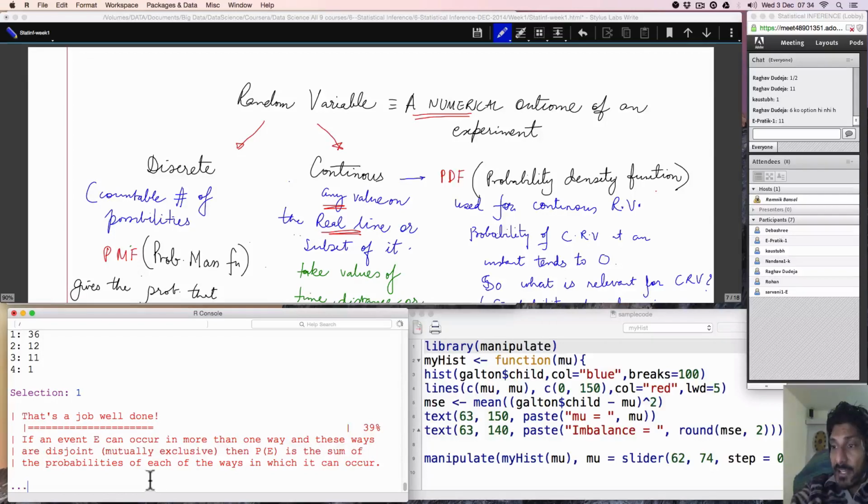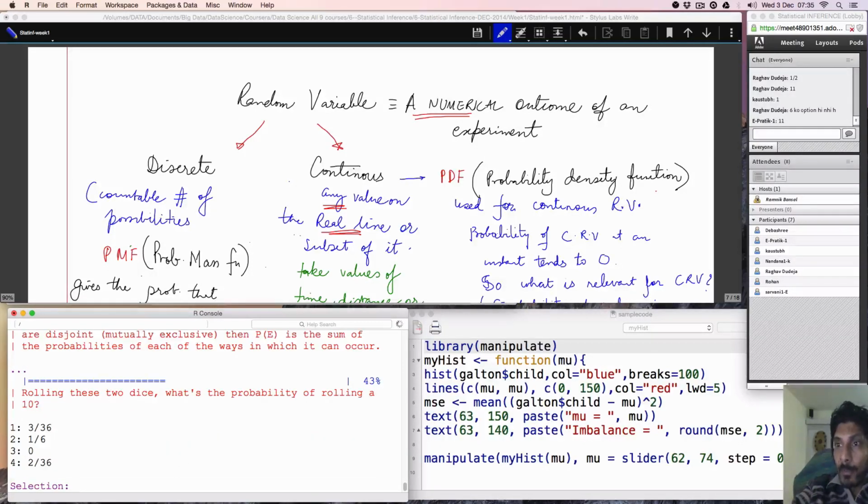If an event E can occur in more than one way and these ways are disjoint, then the probability of E is equal to the sum. We have already seen this. So rolling two dice, what is the probability of rolling a 10?